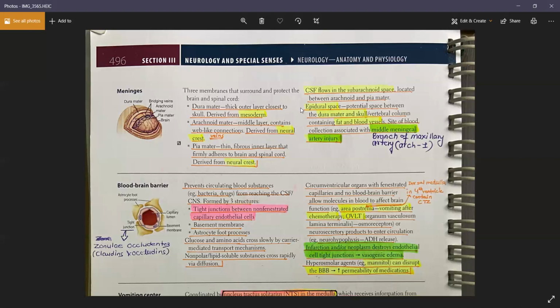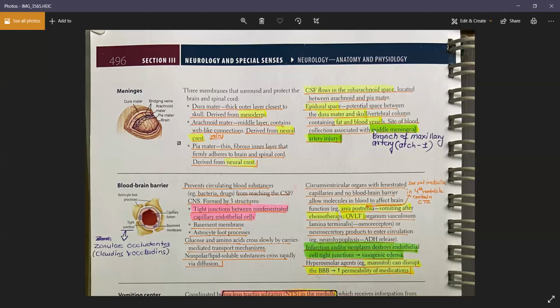Then you have the epidural space, which is the space between the dura mater and the skull. The fat and the blood supply are present here. So when I say damage of the middle meningeal artery occurs, that means the artery is damaged in the epidural space. Please note that the middle meningeal artery is a branch of the maxillary artery, which is derived from arch 1.